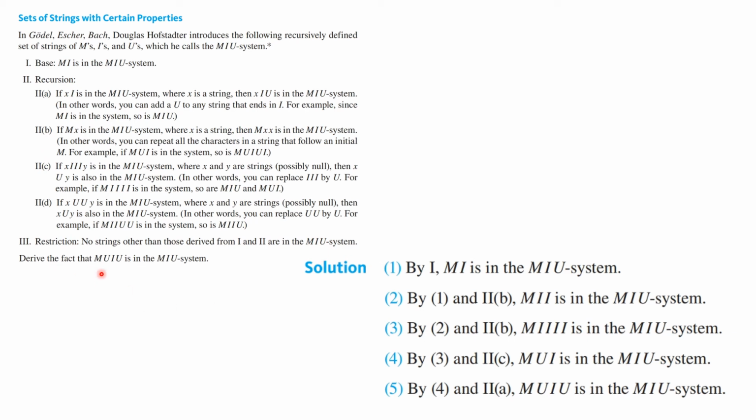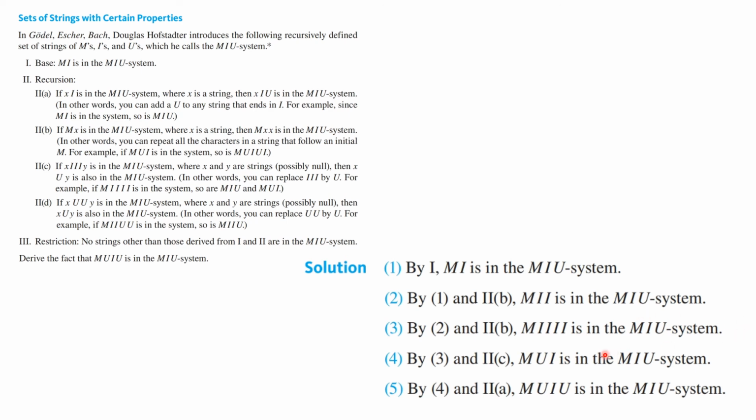So show that MUIU is in the MIU system. Well, MI is in the MIU system by 1. That's the given. And by 1 and 2b, we know that MII is also in the MIU system.